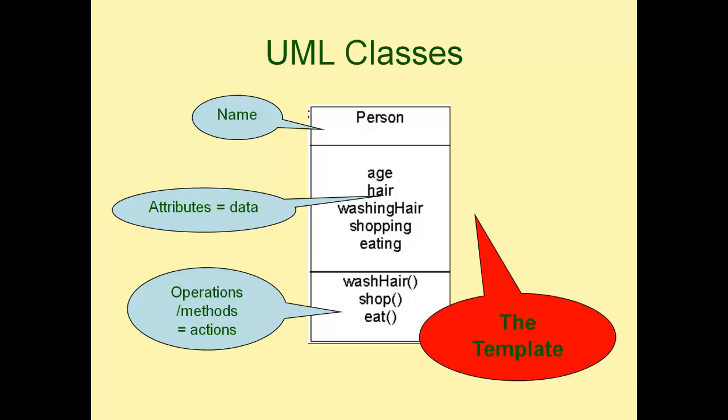So the person could be Robin, you, me, it could be a particular age, a particular hair colour, carrying out certain activities, but that is an instance of the class, whereas when we're just generically defining a template, it is a class, not an instance.